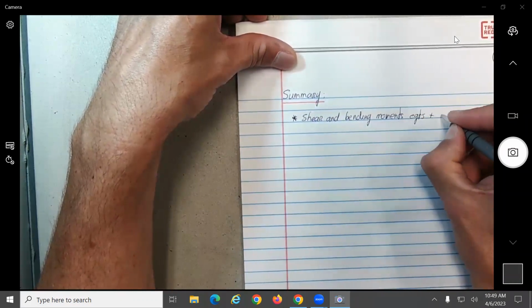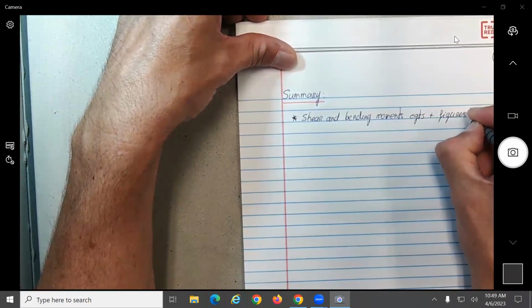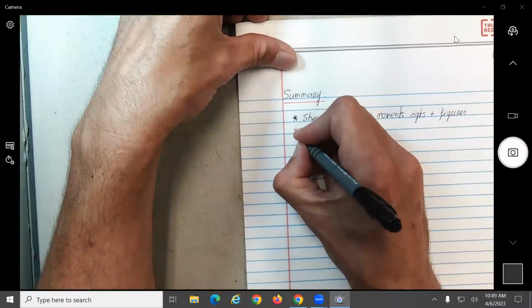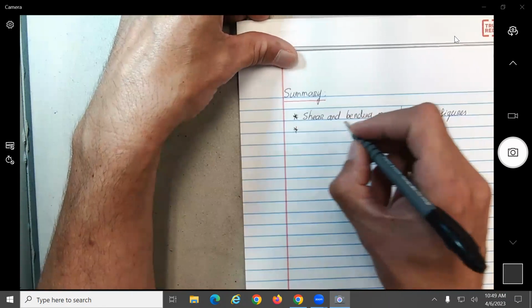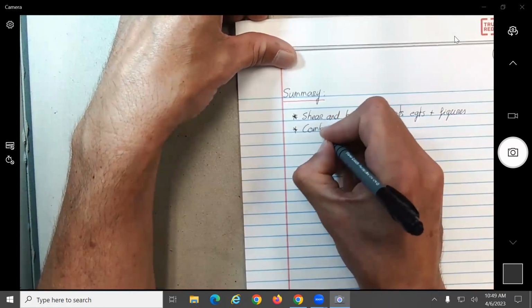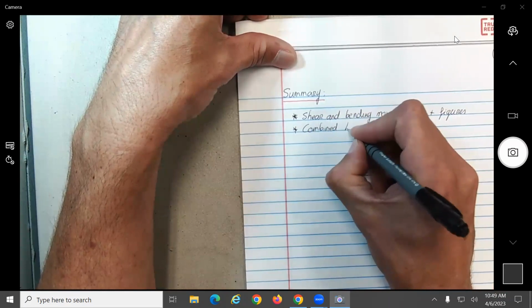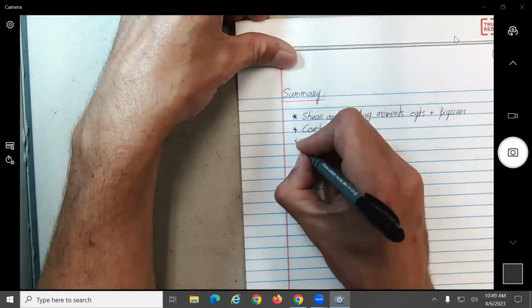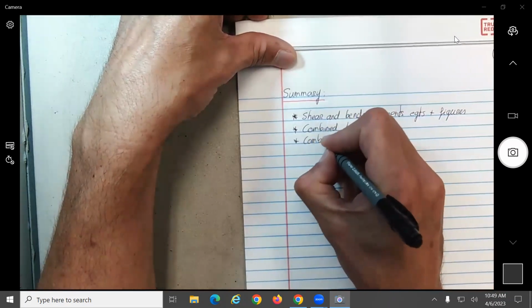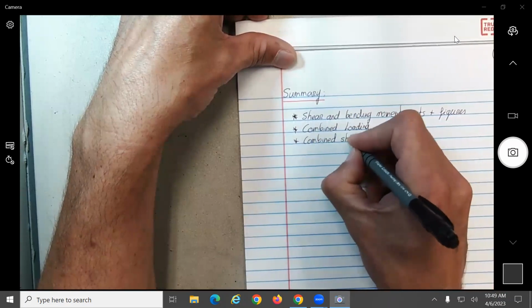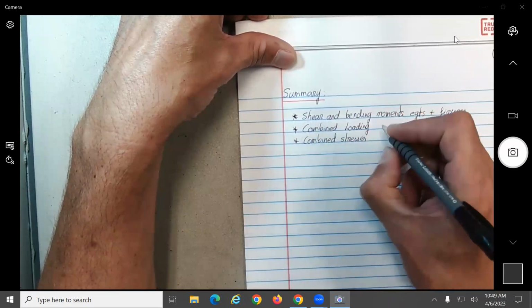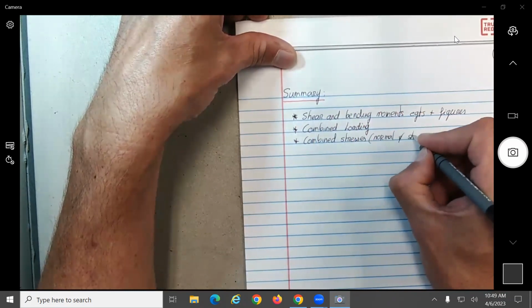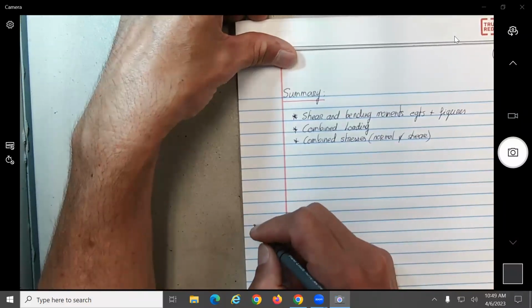Equations plus figures. No? Then combine loading, find the loads, find the combined stresses, normal and shear.